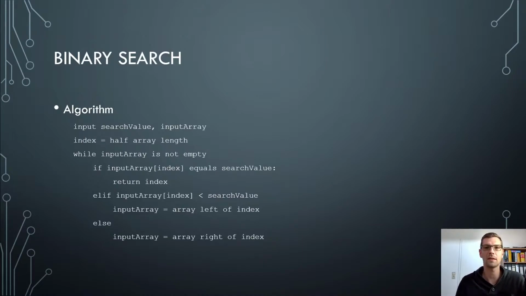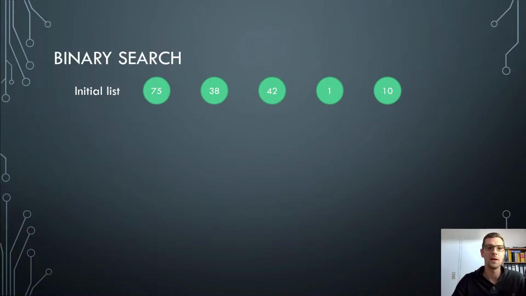Well, let's have a look at an example first. We have here the initial list 75, 38, 42, 1 and 10. But we need it sorted, so we have to sort it first. But here I want to show you first that if we would do that algorithm on this list, it wouldn't work.